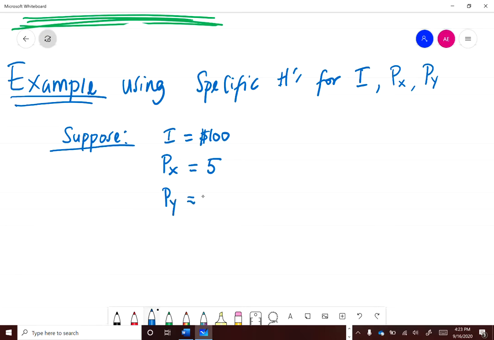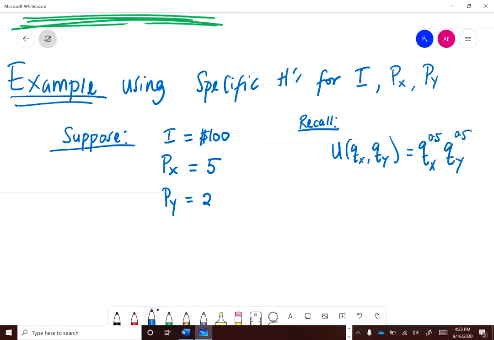And the price of good Y is equal to 2. Remember that Rory's utility function of QX and QY is equal to QX raised to the power of 0.5 times QY raised to the power of 0.5.